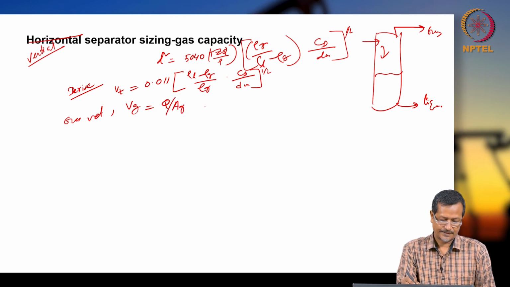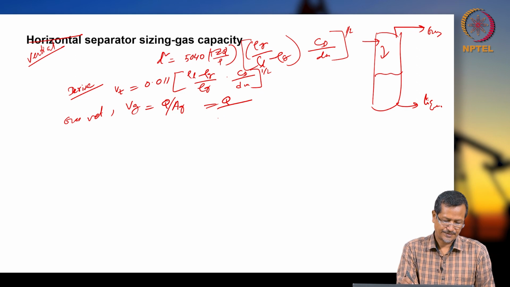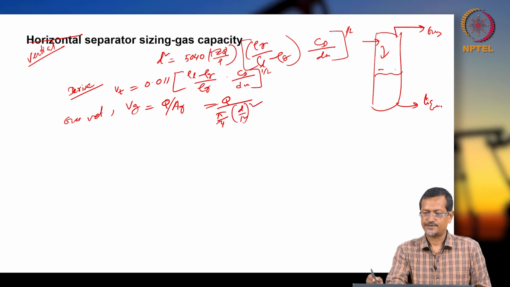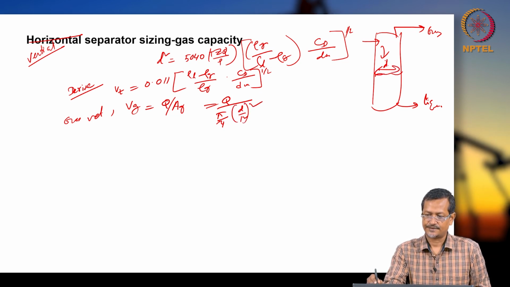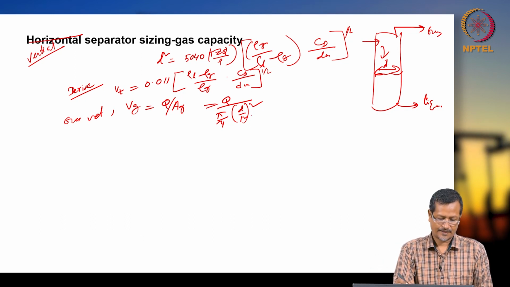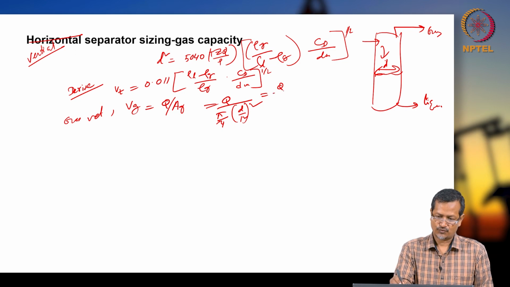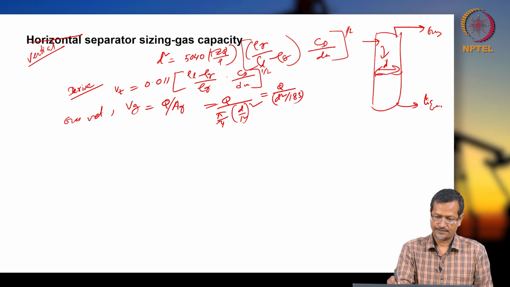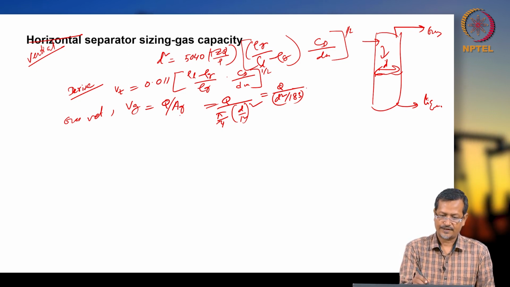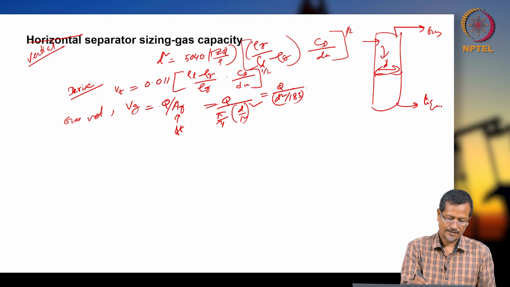Q by Ag means pi by 4 times d by 12 squared, where d means diameter. You are converting units also, making it feet. So it becomes Q over d square by 183. They calculated it like this, with A in feet squared and Q in feet cubed per second.